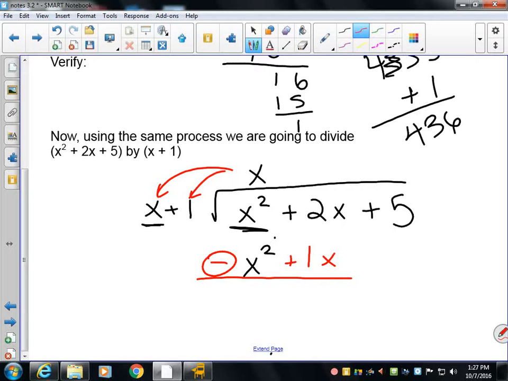X squared minus x squared, nothing. 2x minus x, so what times x, because remember we're just looking at the first things. Now if we multiply by 0, we'd get nothing. We'd multiply by 1.